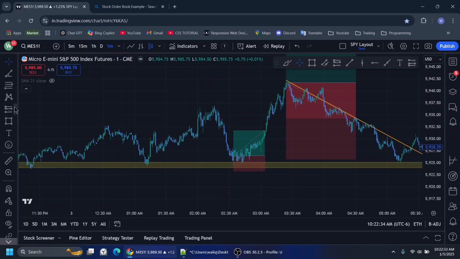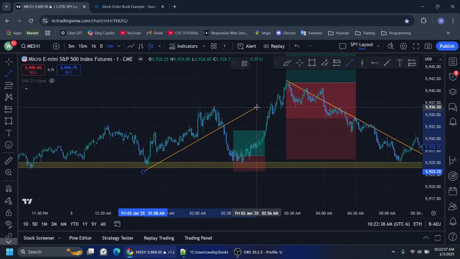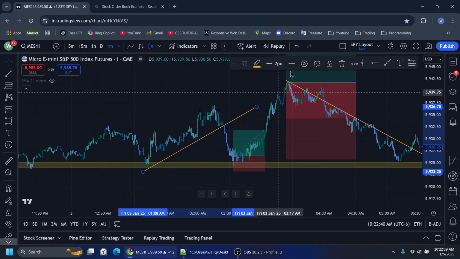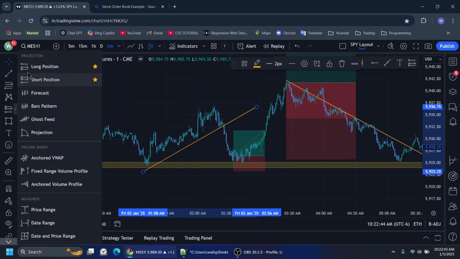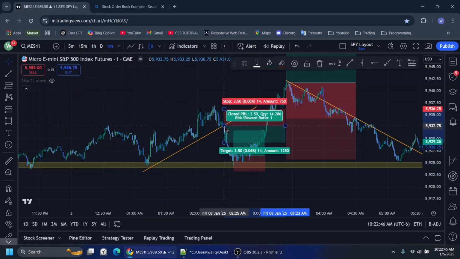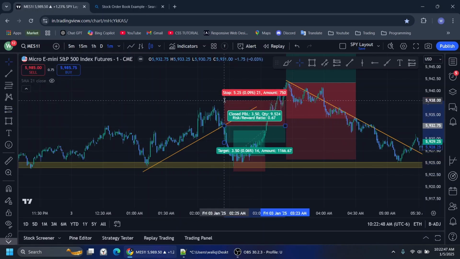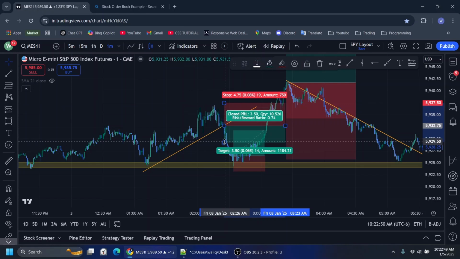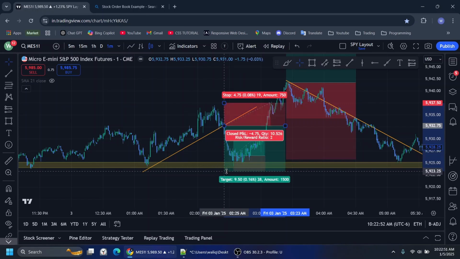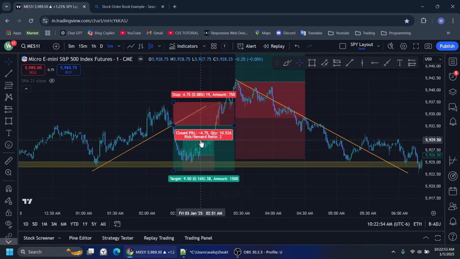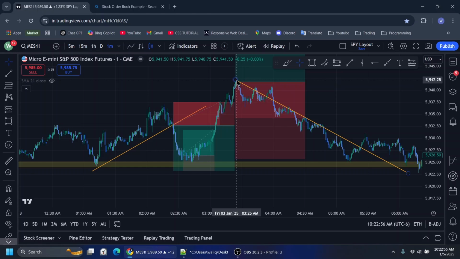For example, right here at this level, look, the trend line broke, the price went down, and then it reversed, right? Me and you might go short like this, putting our stop loss right here at this level, and maybe take profit 1:2, and then look, our stop loss got hit.